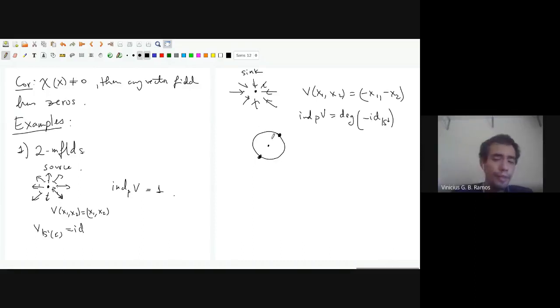For S1 you can see it explicitly. If you take this vector like this, and look at minus identity, what's the linearization of this? This vector is going to go to this one when you linearize it. So actually we get the same orientation. So minus identity preserves the orientation of S1.